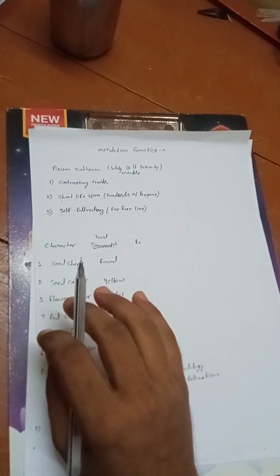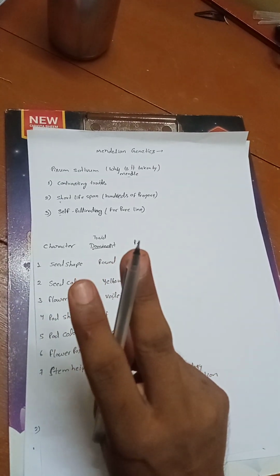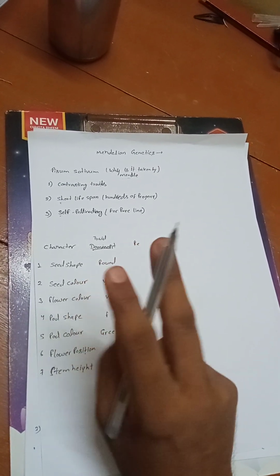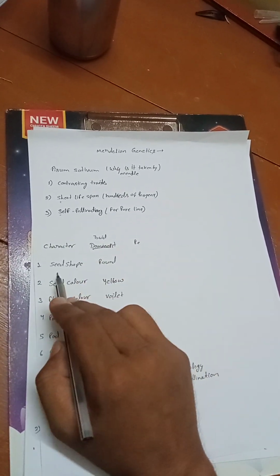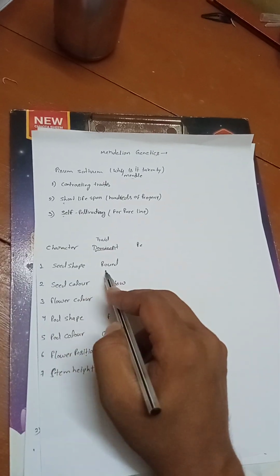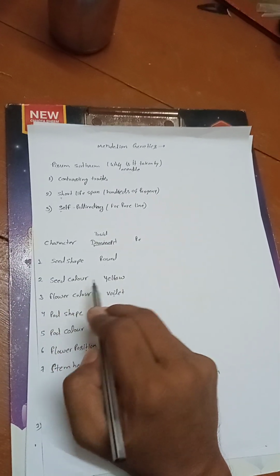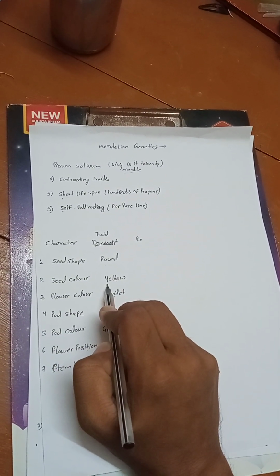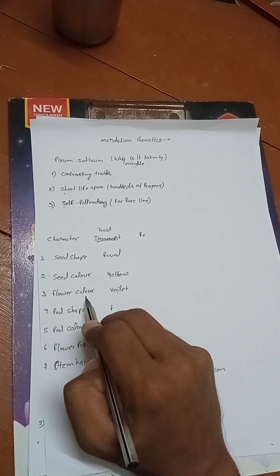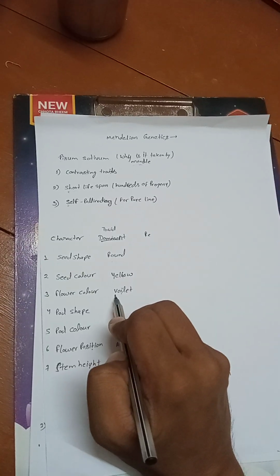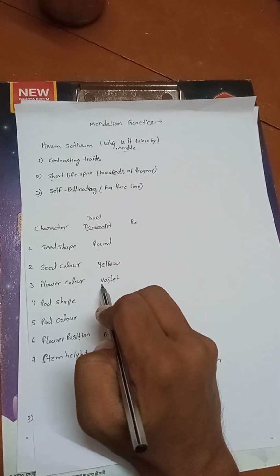For each character, Mendel took 2 traits. One is dominant, another is recessive. For seed shape, round is dominant. For seed color, yellow is dominant and green is recessive. For flower color, violet is dominant, white is recessive.